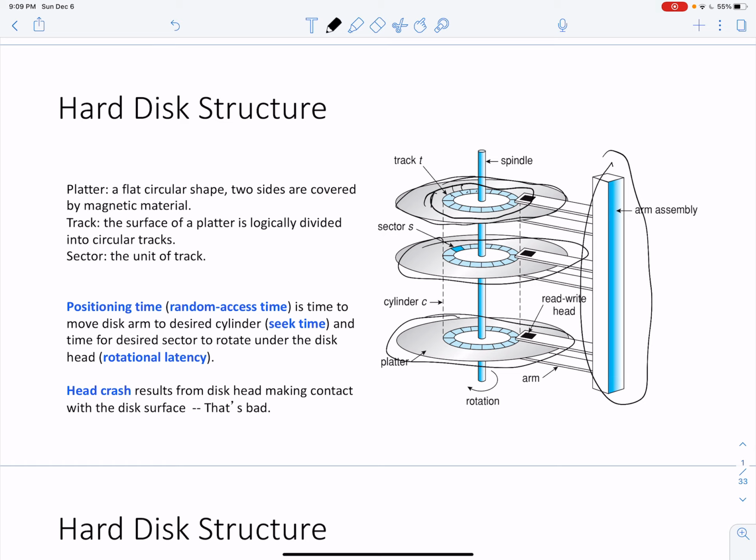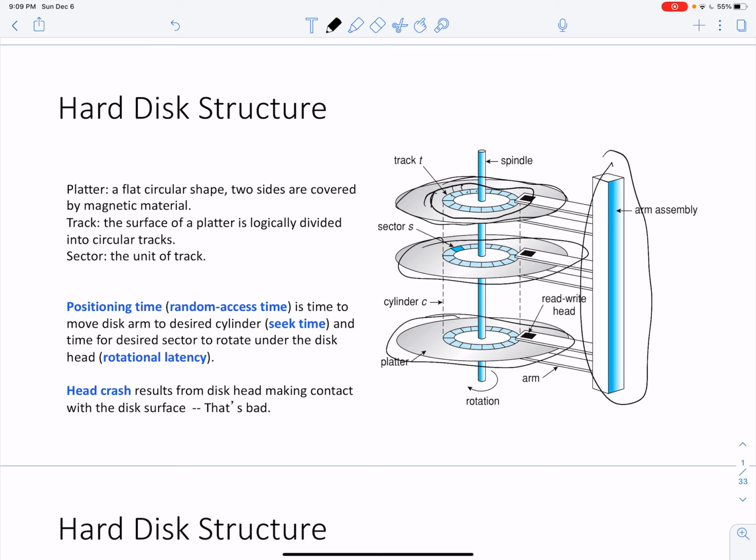Sectors are pretty much like the pages or frames that we talked about previously. We basically divide this large hard drive space into units of minimum size, let's say 2 KB or 4 KB.